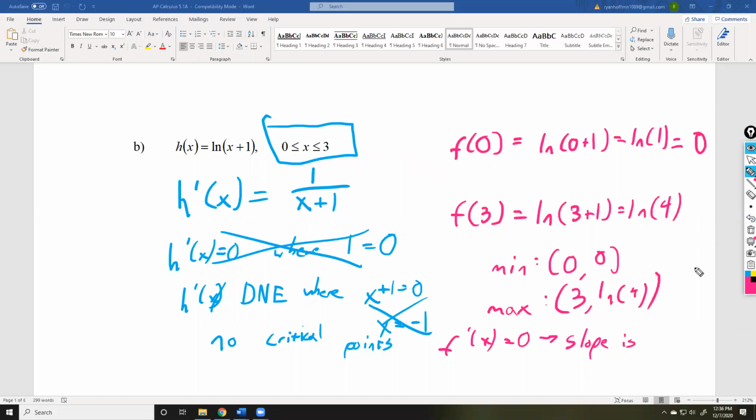If f prime does not exist, that can mean a couple of different things. It could mean that we have a vertical tangent.